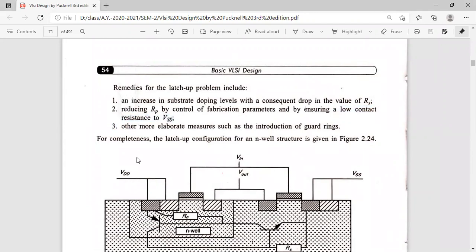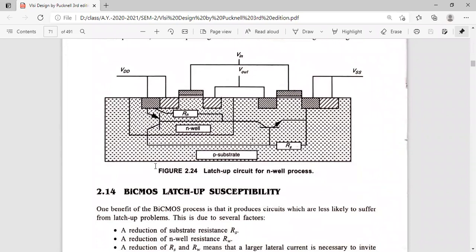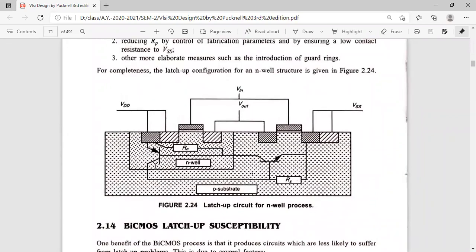Other, more elaborate measures can be introduced to solve these latch up problems. Okay, that is the concept of latch up.